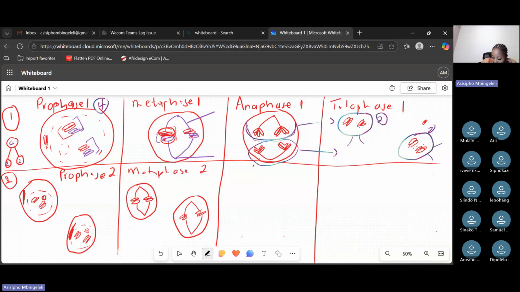Then when we look at anaphase 2, we are going to have a separation here. But what separation are we having? If this is a chromosome, the centromere in the middle is going to split, and then what will be pulled to opposite poles is the daughter chromosomes.